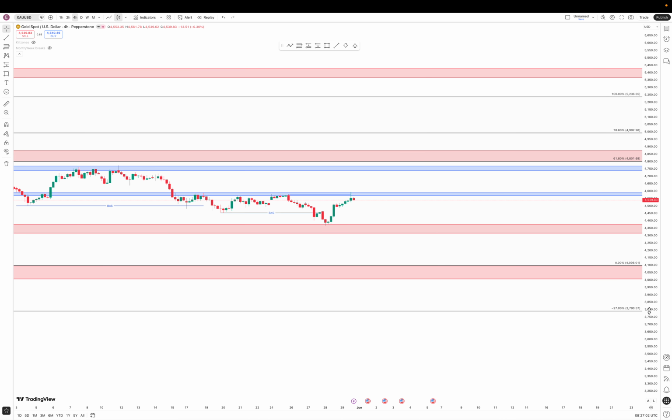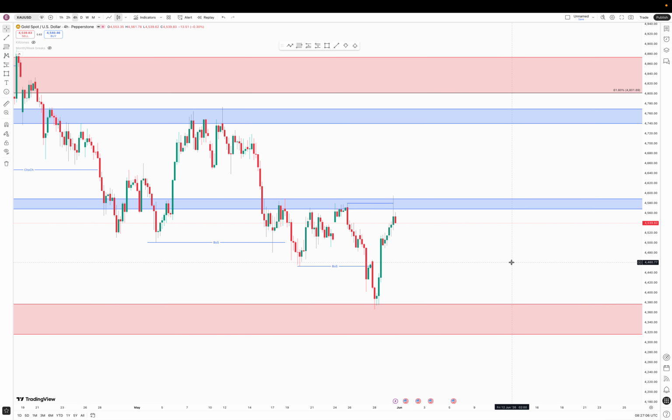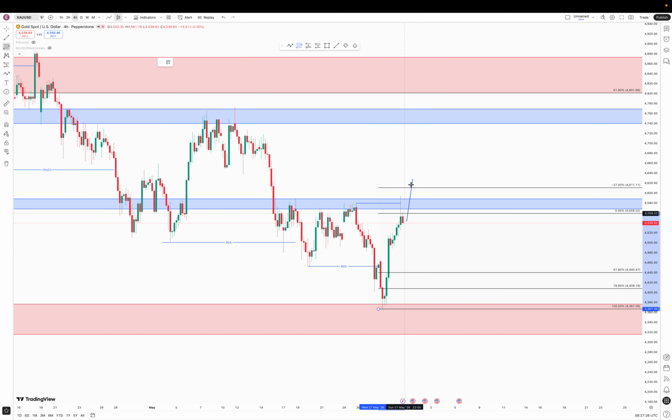Let me go down to the 4 hours and make it more understandable. Currently, I'm still on the bearish bias, but if I see a candlestick above this last lower high, then I'll be changing my bias. I'll just have to wait for a fib level retracement to take my trade.